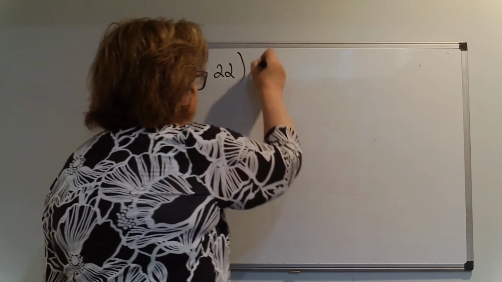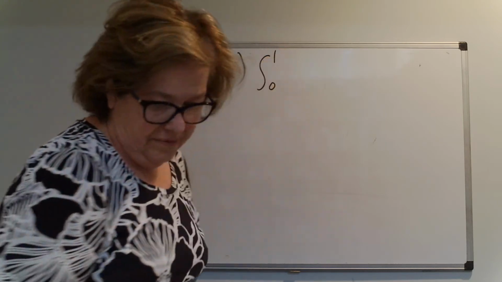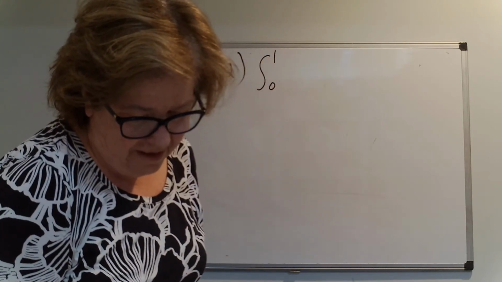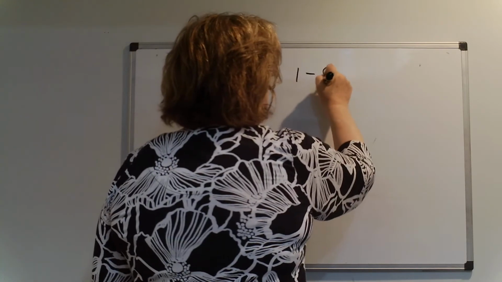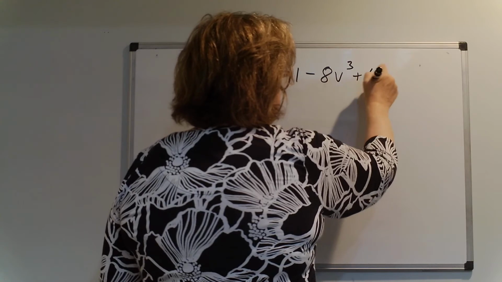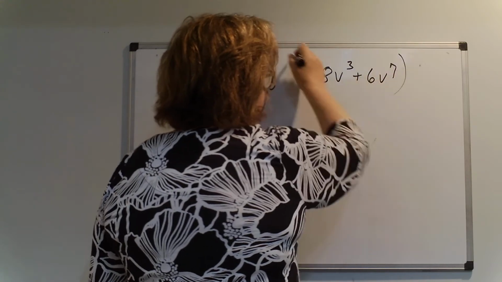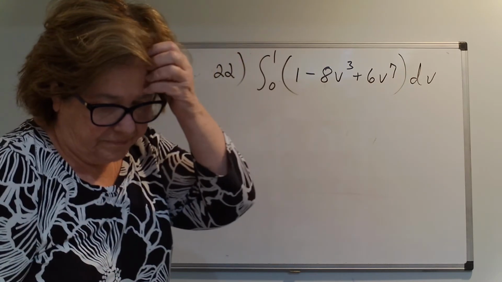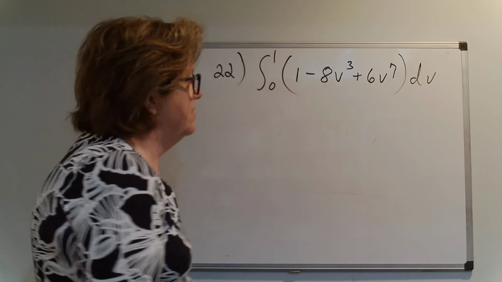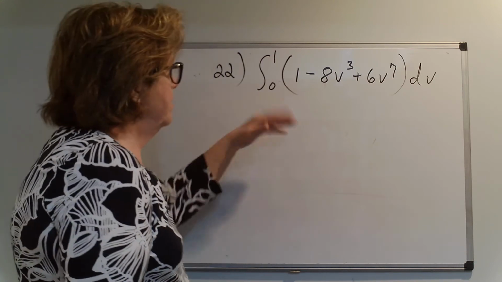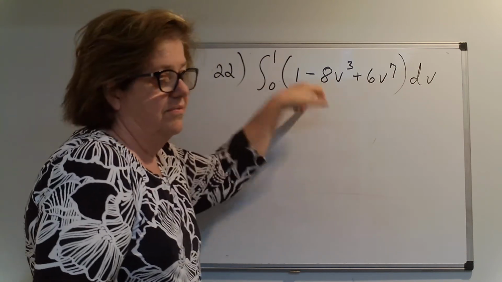The integral from 0 to 1 of 1 minus 8v cubed plus 16v to the 7th dv. So v is our variable. Okay. So we're getting the area under that curve.